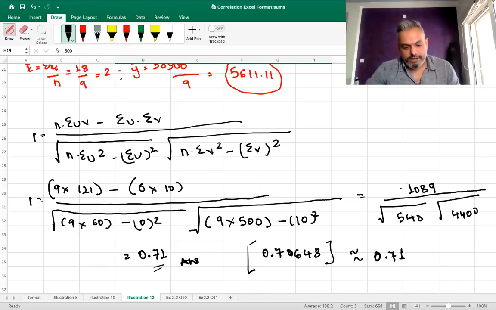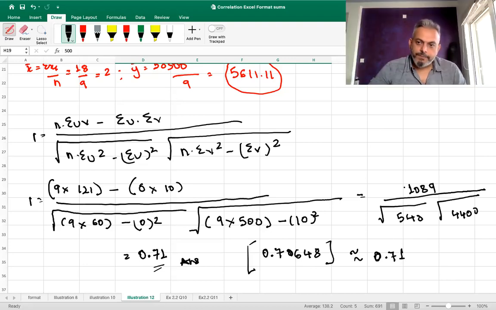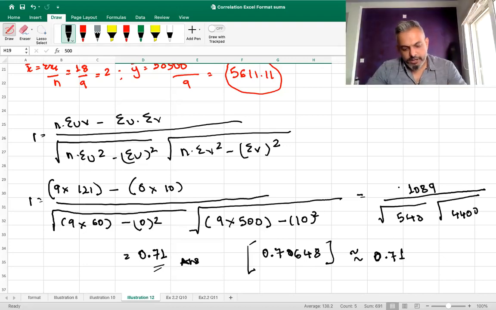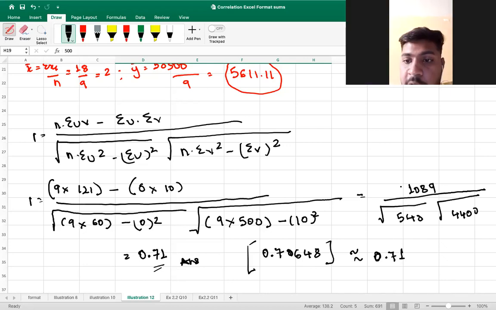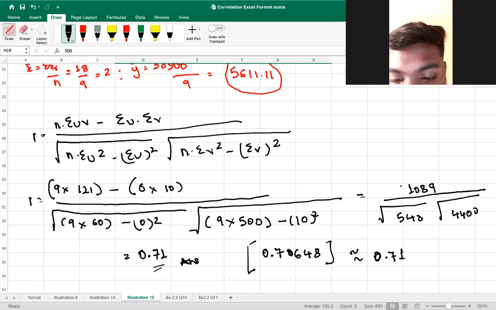On the calculator, first do 540 into 4400. What did you get? 2376000. Spot on, very good. Press under root. What did you get? 1541.4279. Press divide. Press equal to.